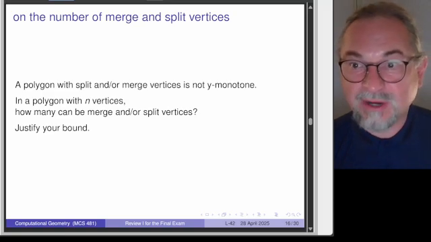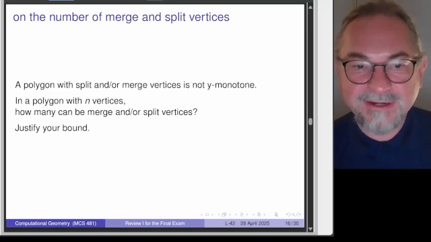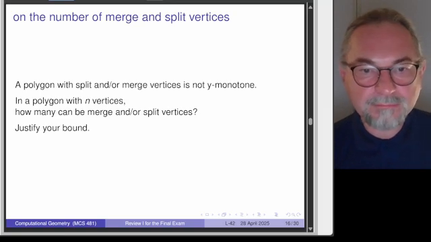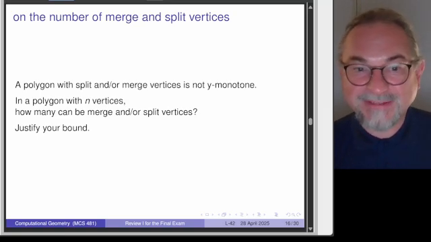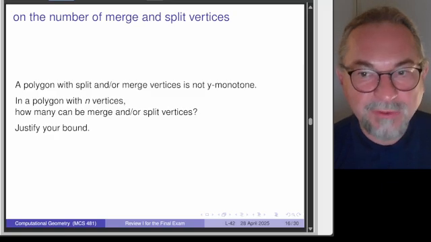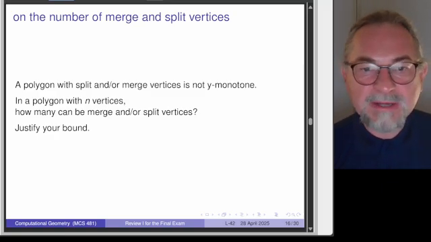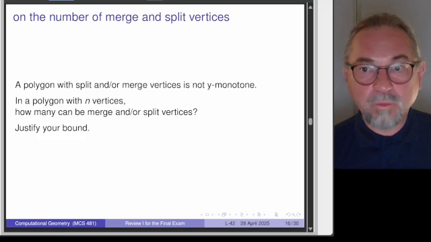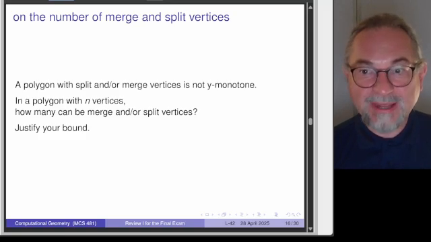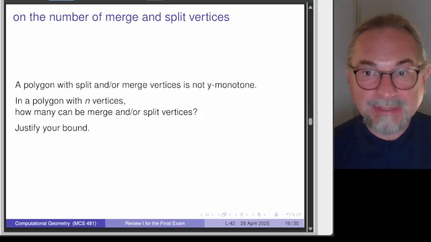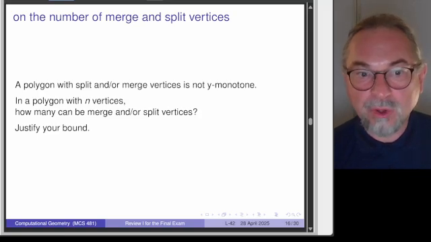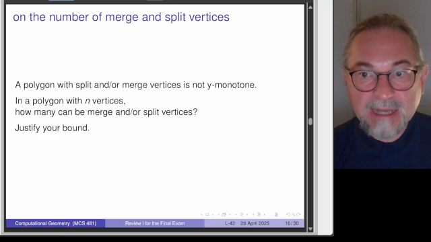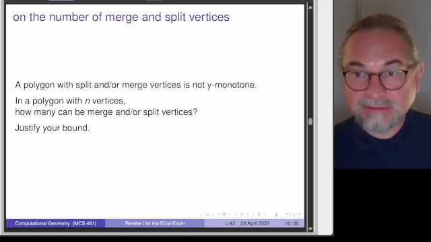Now, we actually know where we encountered them, so in some sense, half of that question is already solved. Now think about this: how many of those n vertices can be split or merge vertices? And how can you demonstrate that this is a bound, and is this a sharp bound?